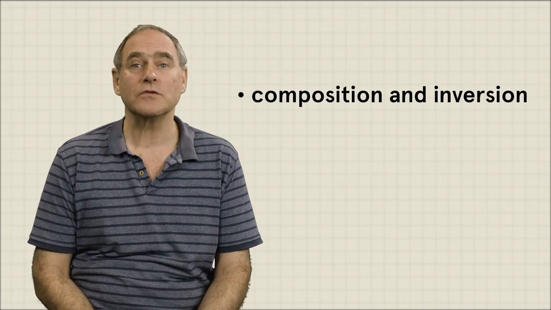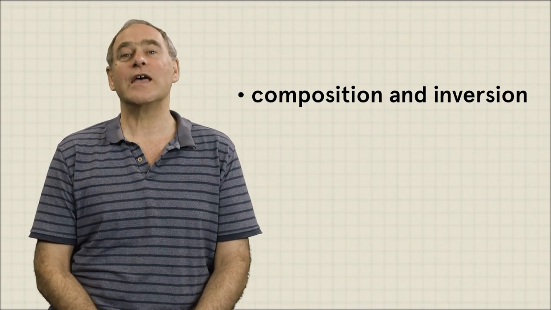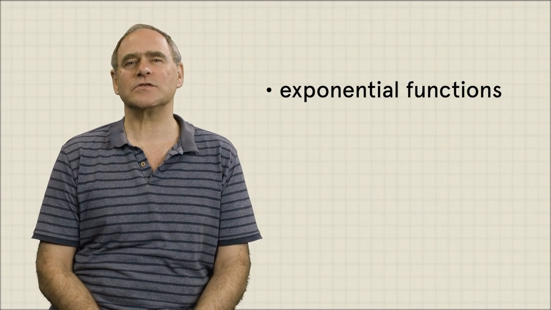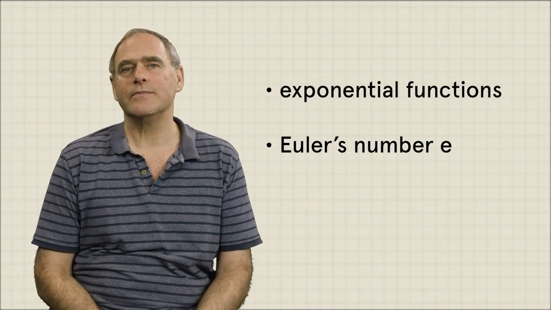We showed how to create new functions by means of composition and inversion, both geometrically by reflecting in the line y equals x and by algebraic manipulation. By changing our point of view with regard to the roles of constants and variables, we moved from power functions to exponential functions and discussed the most important base, Euler's number e.